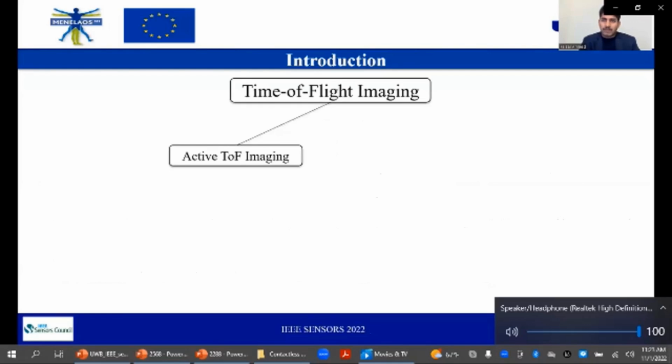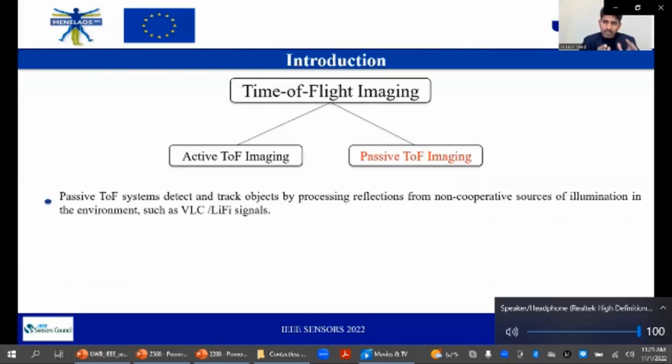So now I will give some overview on passive time-of-flight imaging. Passive systems are able to estimate the depth by processing the reflections coming from the target, where the target is illuminated by a non-cooperative source of illumination in an indoor environment, such as VLC or Li-Fi source signals.